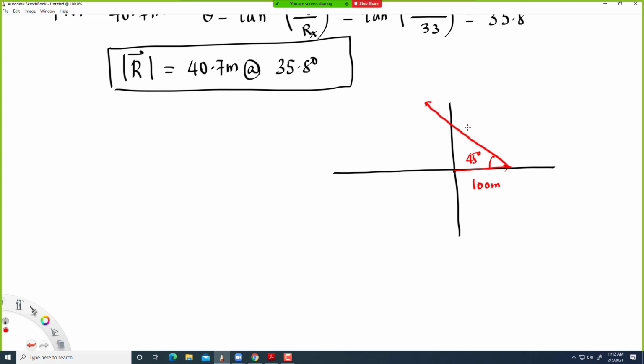And it flies 200 meters. Okay. So this length is twice as much as this length. So what's the net displacement? So we have two vectors, vector A and vector B.